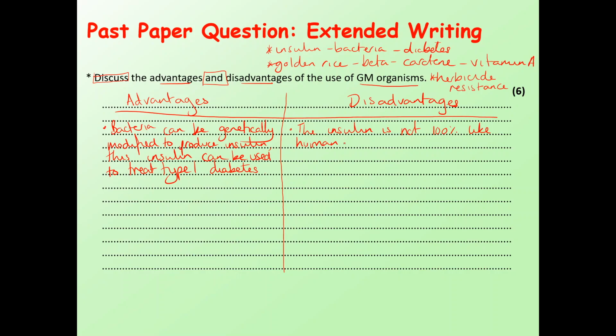Even though we're using the human insulin gene, there are some slight differences because the bacteria produces it. So the insulin is not 100% like human insulin, which means it's not always suitable for everyone. So it doesn't work for some people. It doesn't affect people in the same way.